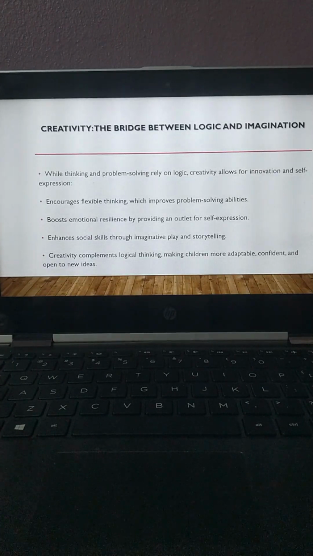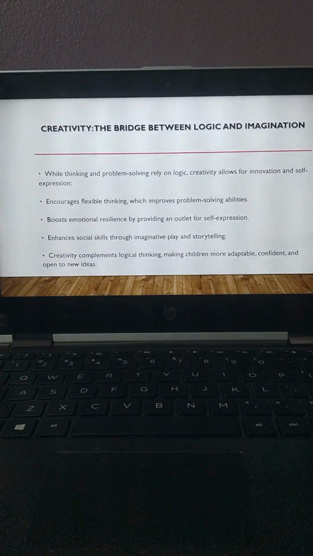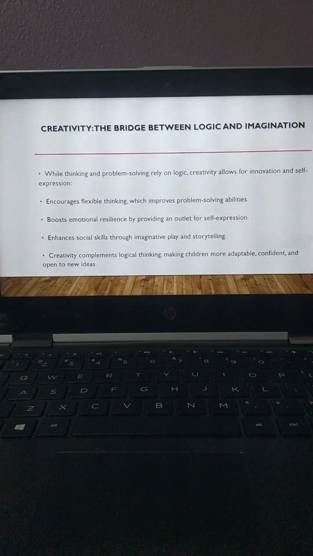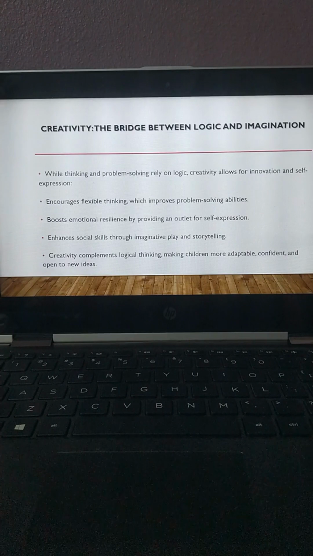They are allowed to act little dramas, and they are told stories. Creativity complements logical thinking. It makes children more adaptable, confident. Creativity builds confidence, and it opens up their mind to new ideas.